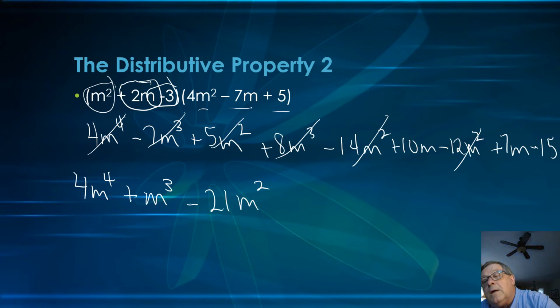Oh, that's 21m. Let me correct this. Let me rewrite this whole thing. 21m minus 15.